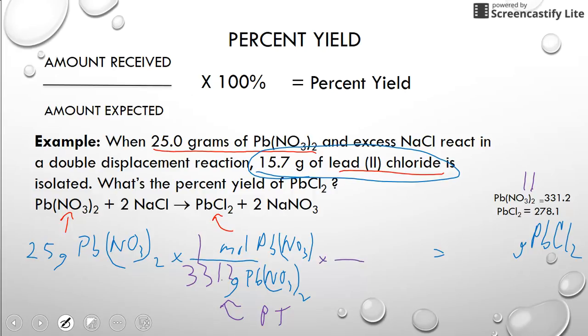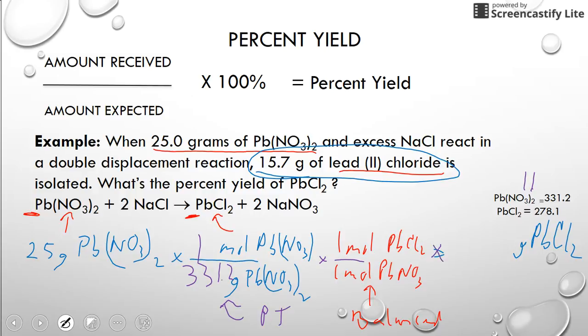Now we've got to go from moles of lead nitrate to moles of lead chloride. To do that, we get mole to mole from the balanced equation. Lead chloride and lead nitrate have a 1-to-1 relationship in this case. That came from the balanced equation. And finally, I didn't leave near enough room, but you've seen enough of these to expect as much.